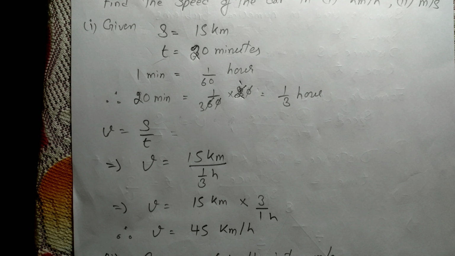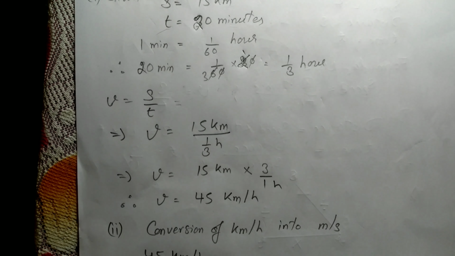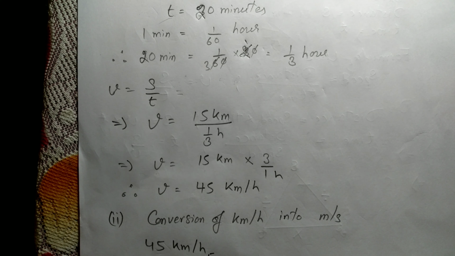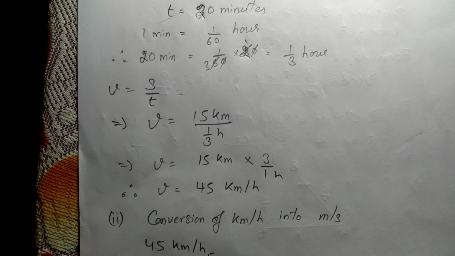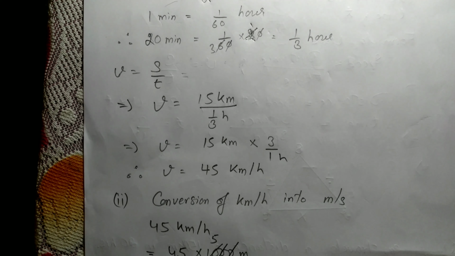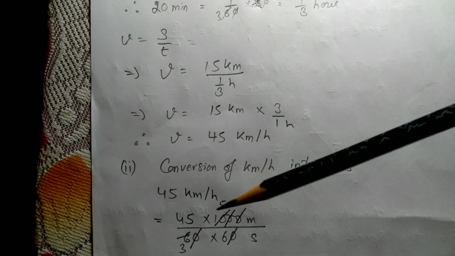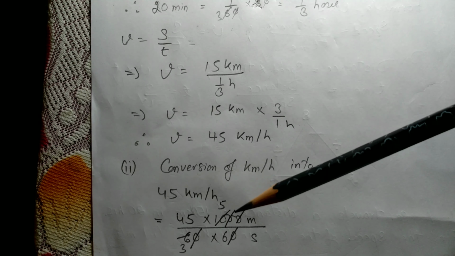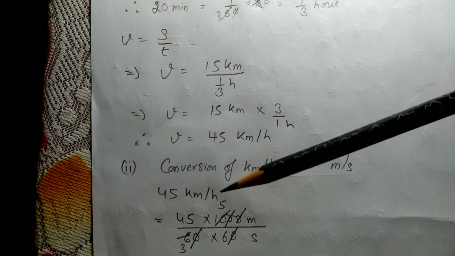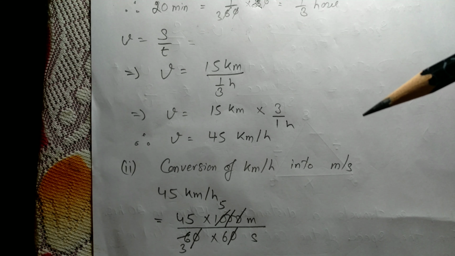Now the second part, I have to convert this answer into meter per second, as we have read in the question. So how to convert? We have just convert this kilometer into meter and this hour into seconds. So the given speed is 45 km per hour, and then when we need to convert, that will be equals 45 into 1000 meter, because 1 kilometer has 1000 meter, and 1 hour has 60 into 60 seconds, that is 3600 seconds.